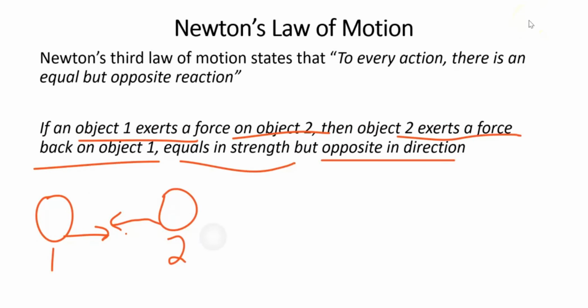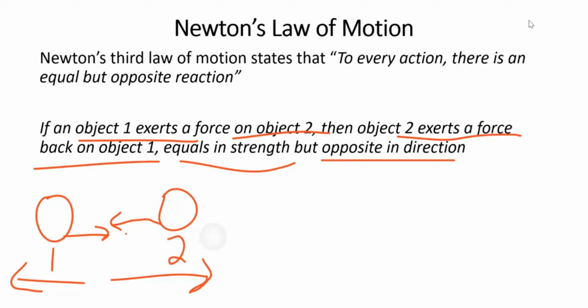So with this hit here, when these two balls hit each other, it will make them move in opposite reaction. So object 1 might travel back in this direction, and object 2 travels back in this direction too. It is the opposite in direction. They may have equal strength, but opposite in direction.